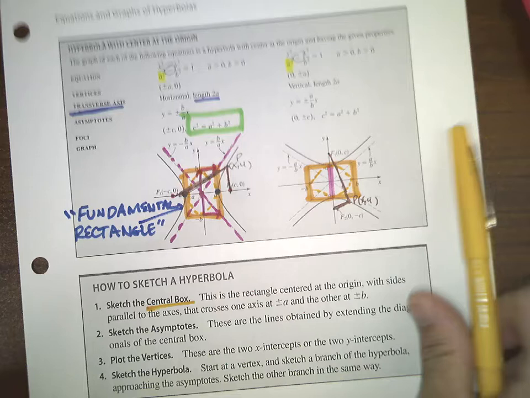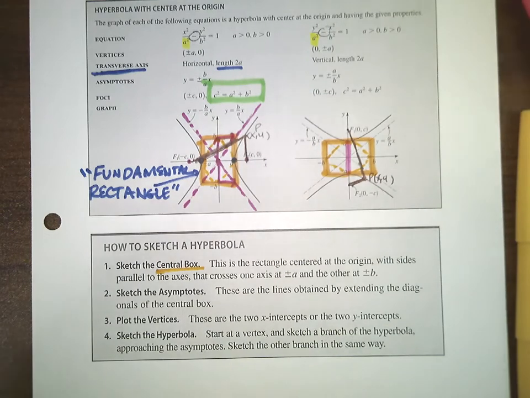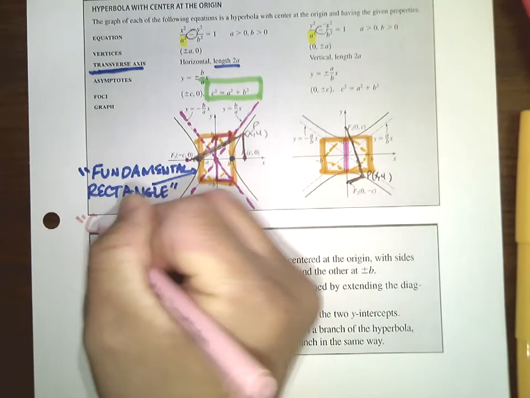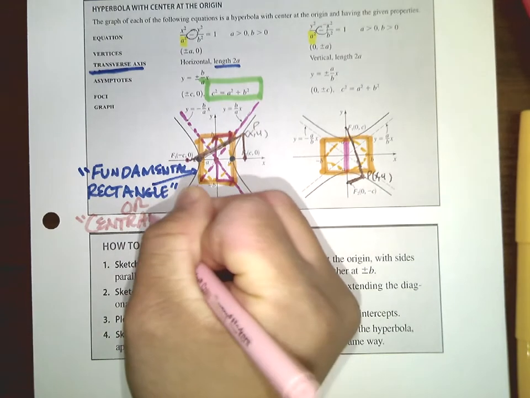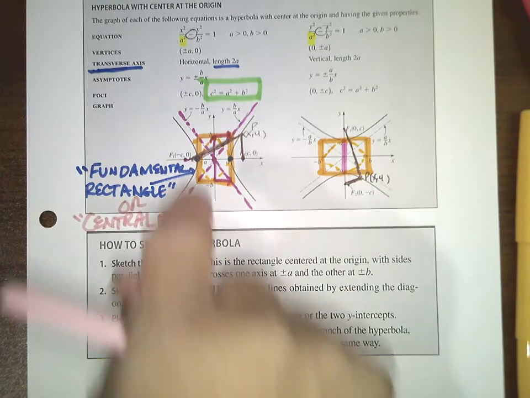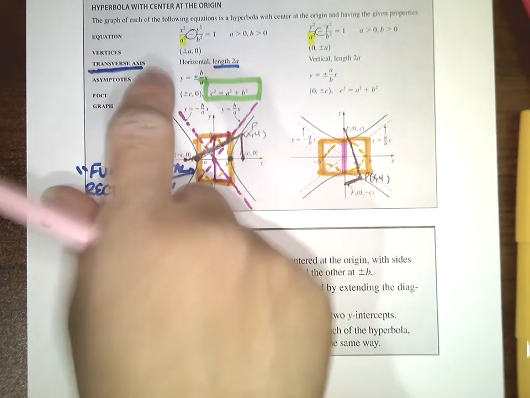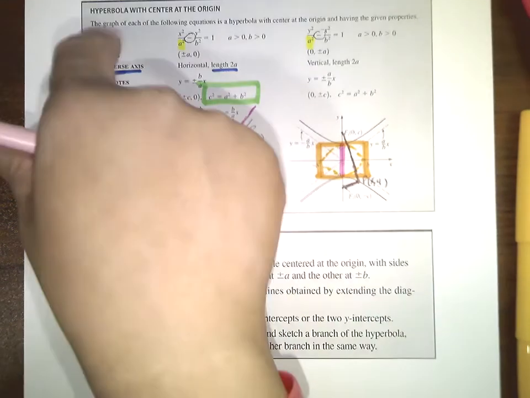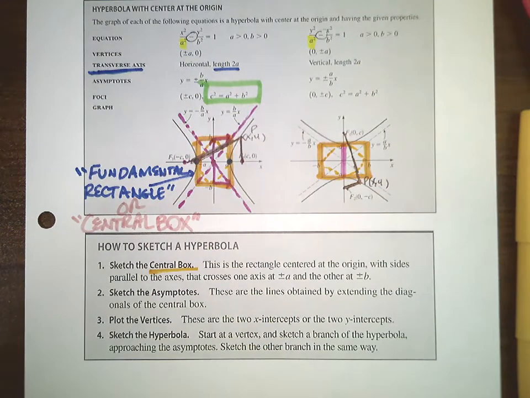hyperbola. So as you can see here, another way to name this fundamental rectangle is just as the central box. All right, so there's lots of ways that people name this rectangle here, but it's not one of the parts of the actual hyperbola, and so it wasn't up here with the different characteristics that you see.